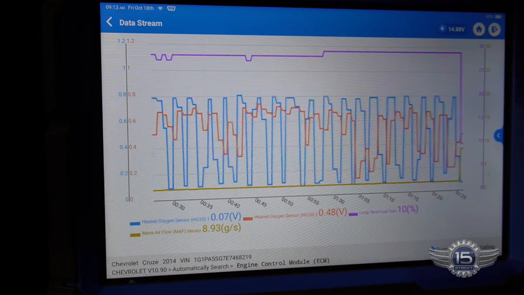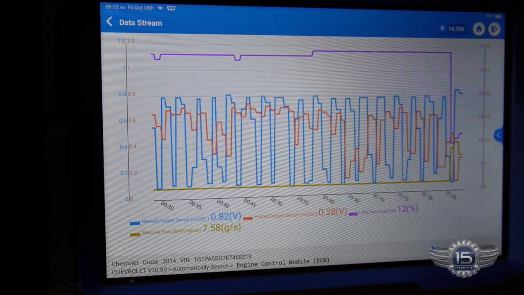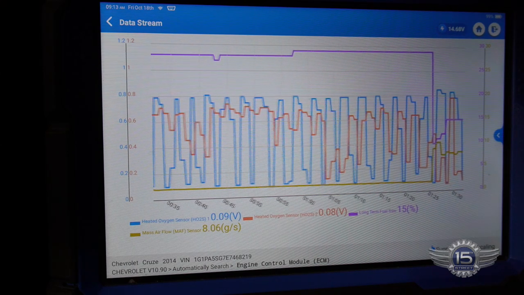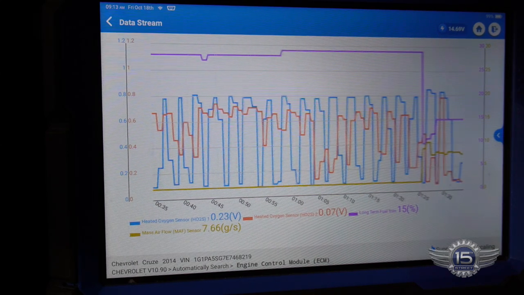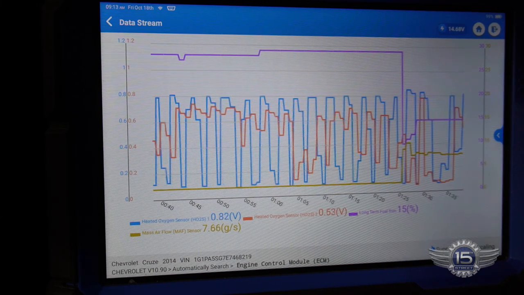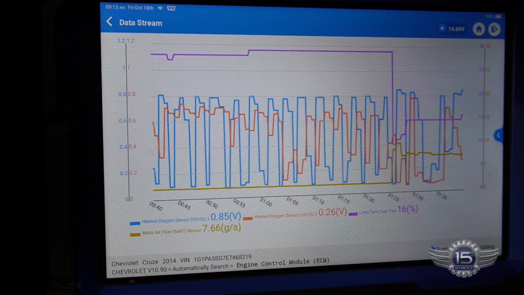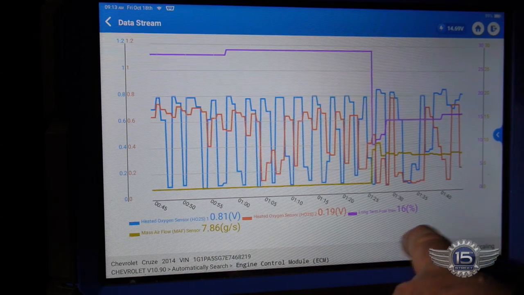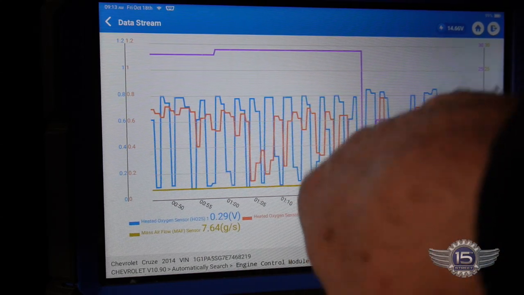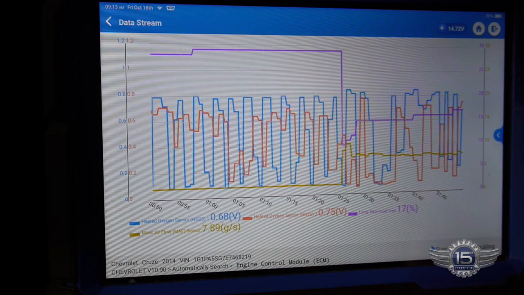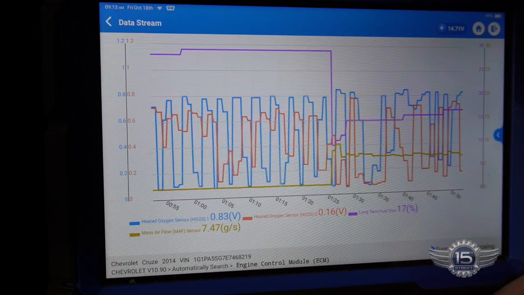Bring the RPMs up a bit here. So those seem to be working pretty good. Long-term fuel trim's at 16, and the oxygen sensors are working, so they're perfectly happy having the computer add 16-17% to it.